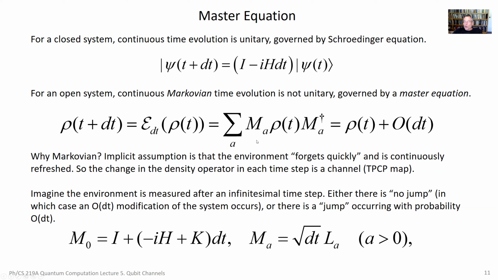And that's to make sure that all the jumps occur with some probability that scales with the time increment linearly in dt. So I can think of the jumps as occurring with some probability per unit time, just as we discussed in the case of qubit dephasing and qubit spontaneous decay.